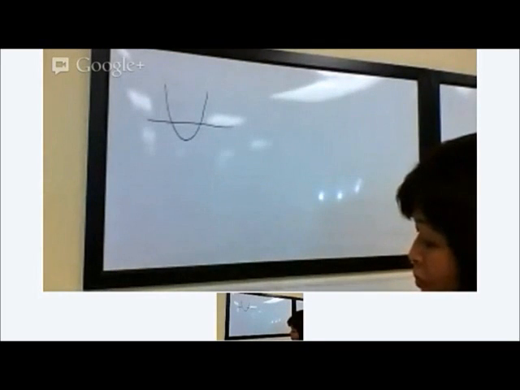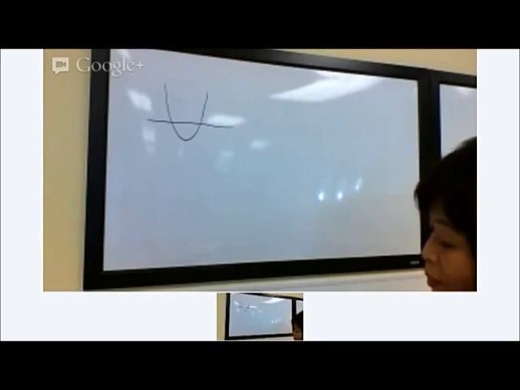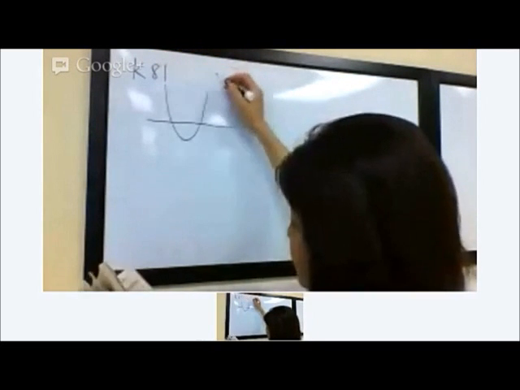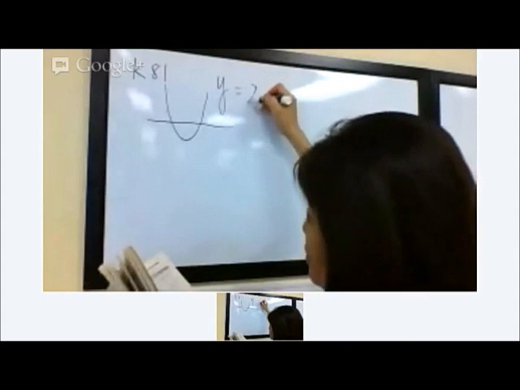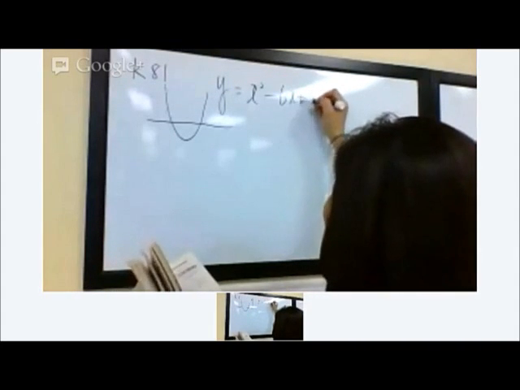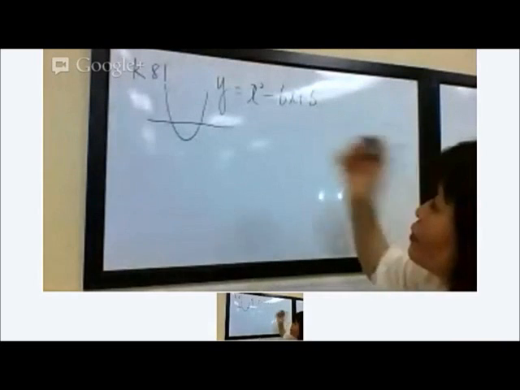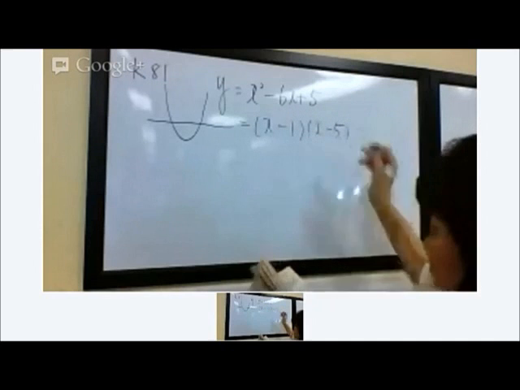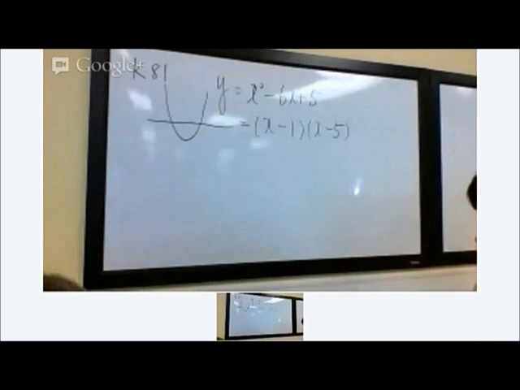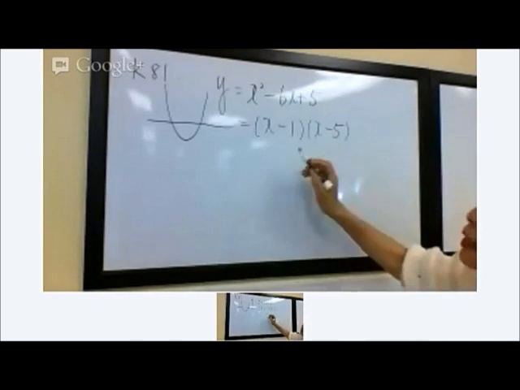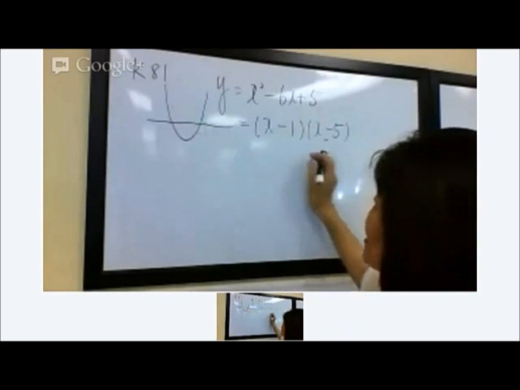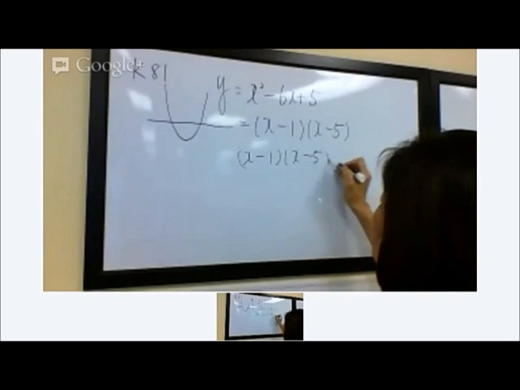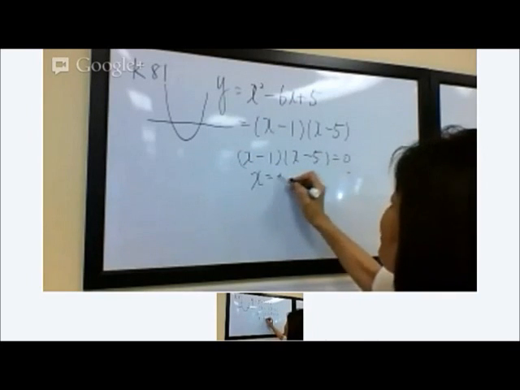So in equation, for instance, page 1, K81. They say y equals x squared minus 6x plus 5. If you can factor, then factor: x minus 1, x minus 5. Then we need to find the intersection with the x-axis, meaning y equals 0. Then x equals 1 and 5.